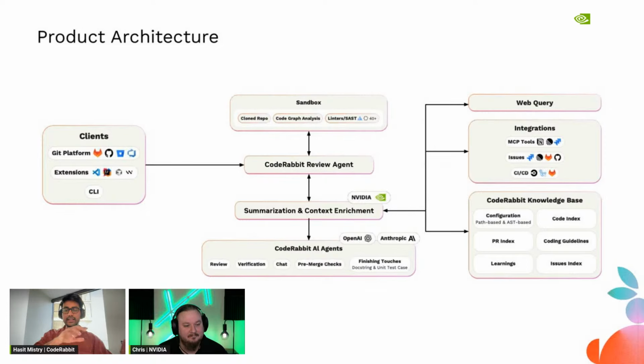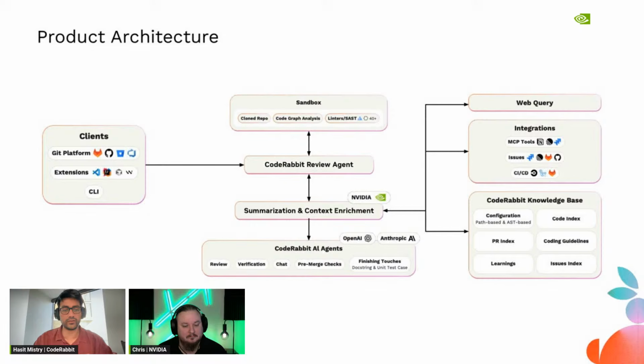As soon as we receive an event from one of these platforms, you see the central piece, the review agent right there. It now collects more information from different sources. And these are the different signals that I was talking about earlier. The review happens in a safe and secure sandbox environment.